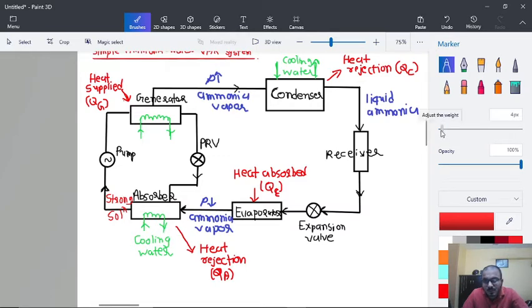And one more thing is, here we are having weak solution. So this is the figure.